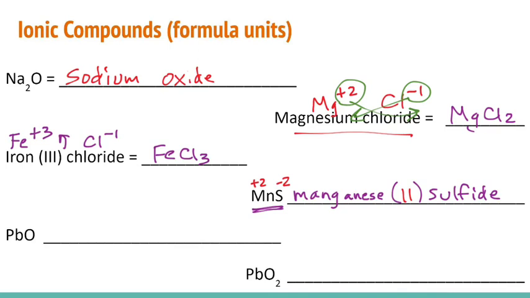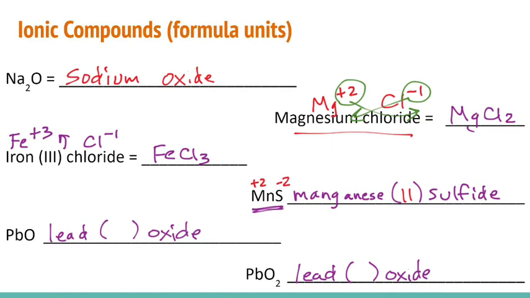This next one, the normal name, actually the next 2, that's lead with oxygen. So it's going to be lead oxide. Actually, both of these are going to be some kind of lead oxide here. But notice that they have slightly different formulas. So the charge of lead in these 2 compounds is going to be slightly different.